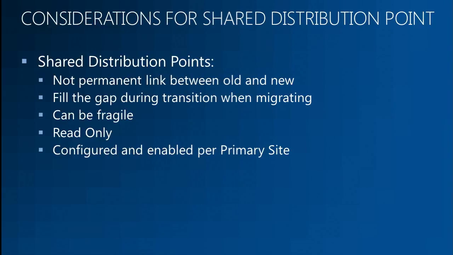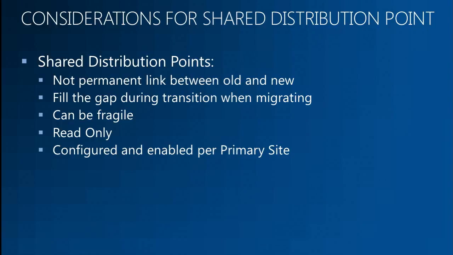Shared distribution points are read-only. So no, you cannot distribute 2012 content to a 2007 distribution point. It only cares about the migrated content. You can't change the boundaries of your 2007 distribution point. When you enable shared distribution points, we also bring over the boundaries and create a boundary group for that distribution point.